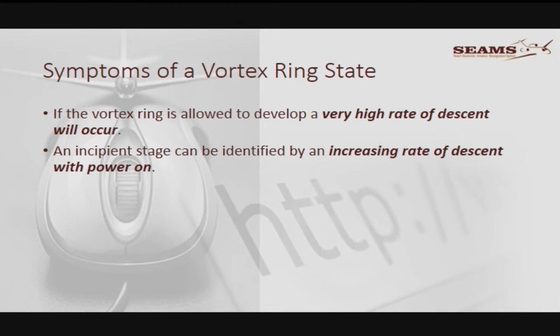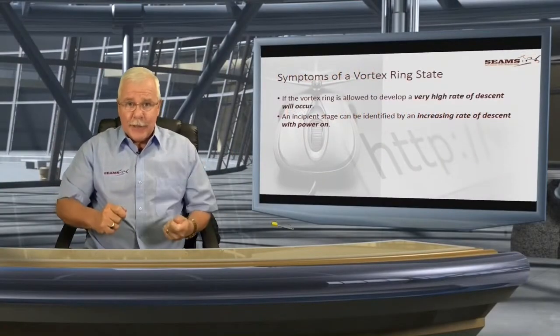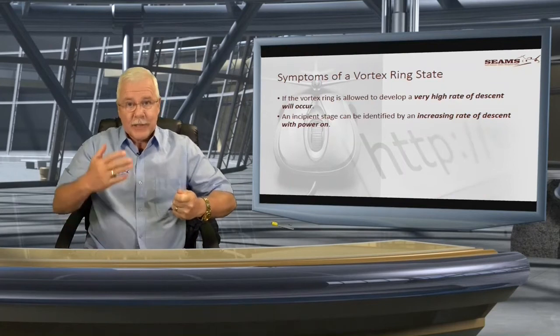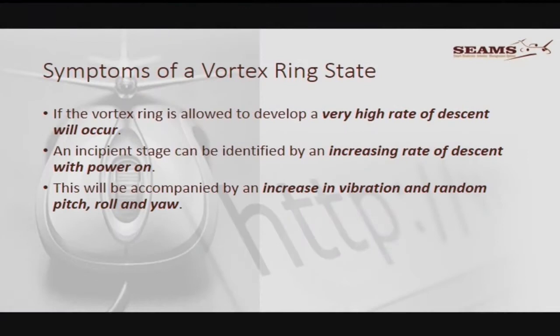In other words, we are not descending as in an autorotation. It's power on, but still the excessive rate of descent is definitely visible. This will be accompanied by an increase in vibration and random pitch, roll, and yaw.